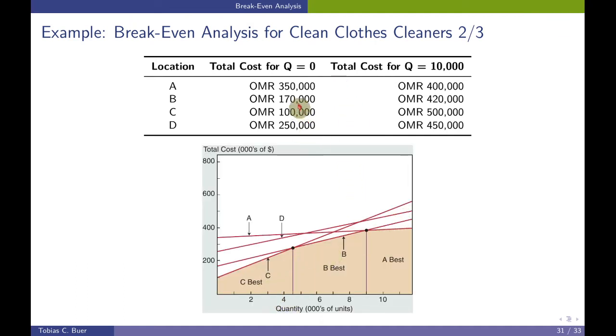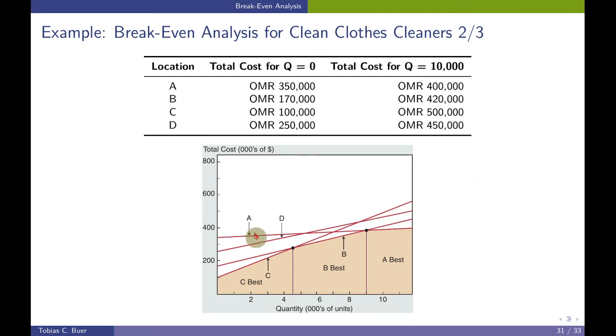For location A, at a quantity of 0, the total cost is 350,000, and for a quantity of 10,000, the total cost is 400,000, which is here. Then we can draw the cost line for A. And we do this for all the other locations in the same way.